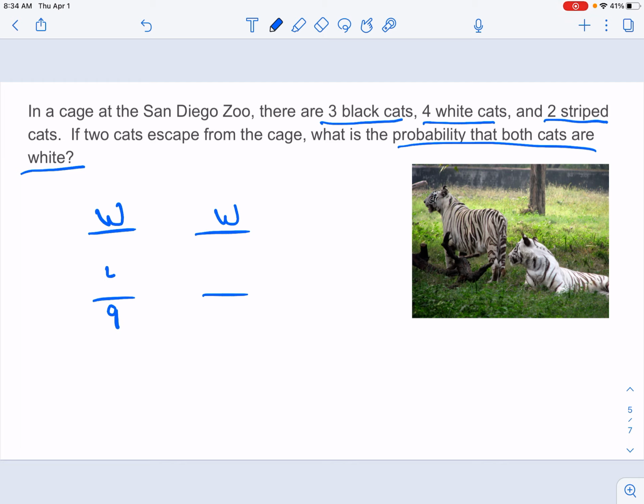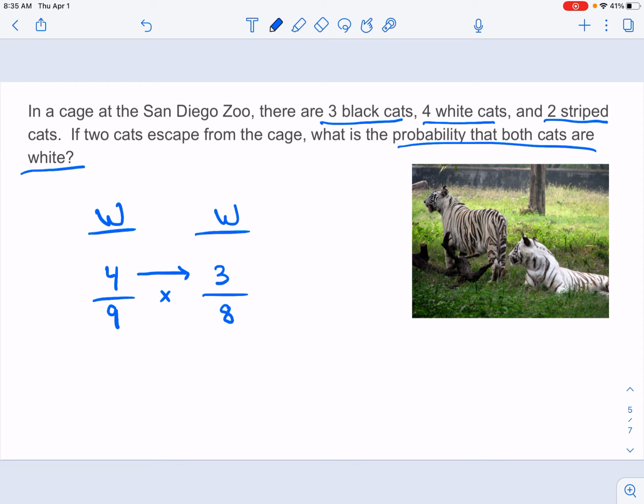Of those, 4 are white. If the first cat that left is white, that means there's 8 cats remaining, and out of the 8 remaining, only 3 of those are white, because 1 white cat already escaped. So this is dependent, because whatever happens first, the second one depends on it.